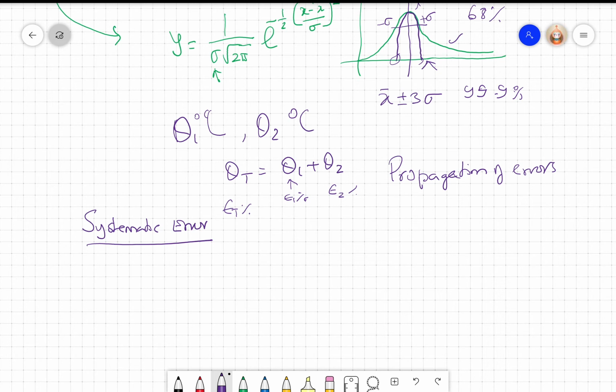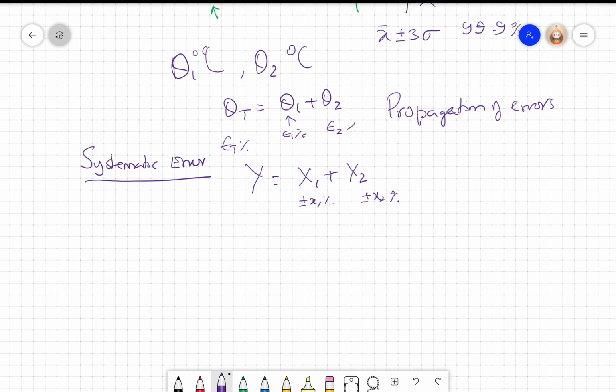So let us put this as y equal to x1 plus x2, x1 with plus or minus x1% error, x2 with plus or minus x2% error, right? So now I can say y plus or minus delta y is x1 plus or minus delta x1 plus x2 plus or minus delta x2.